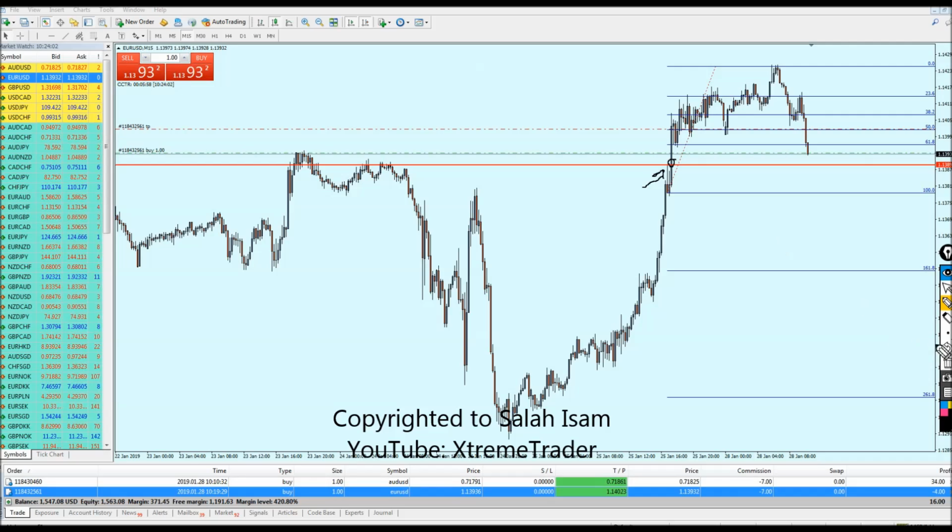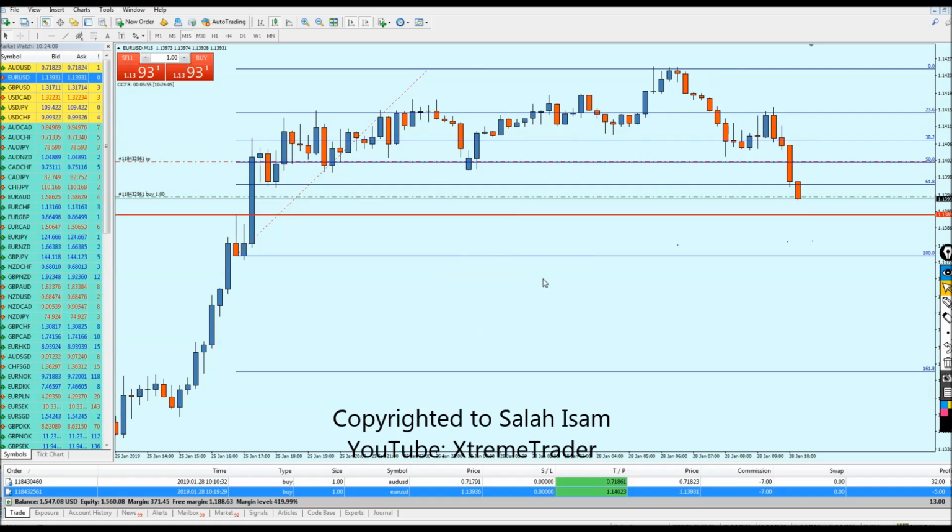So looking at this breakout here, let me zoom in. Okay, looking at this breakout candle, where is the nearest resistance to this candle? If I draw my line like that, where is the nearest resistance to this candle? It's obviously here. This is the nearest resistance to the breakout candle.